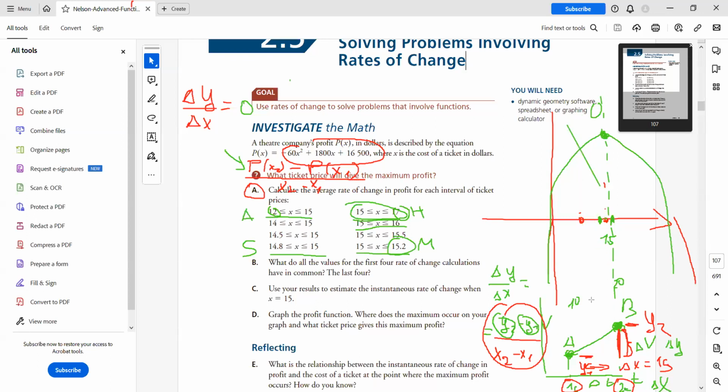This axis of symmetry goes through the maximum value of this function. So at the point 14.8 to the left-hand side and the point 15.2 to the right-hand side, we have equally spaced points, but on the left we are increasing. On the right-hand side, we're decreasing, going down already.